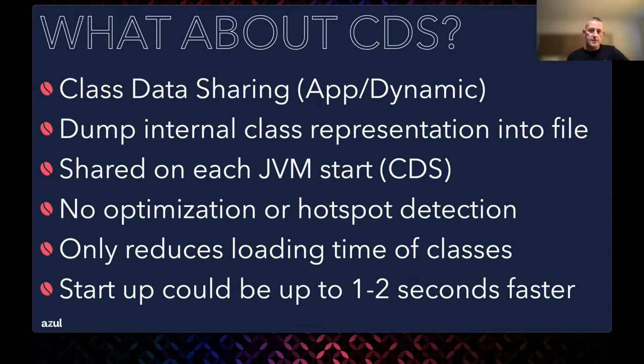It really depends, and it's also configurable. There are sessions just about CDS and how to optimize it. It's already enabled by default since JDK 12, so you might even use it without knowing it. But still, there are ways to optimize that. And like I said, it can give you a faster startup depending on how many classes you have to load.